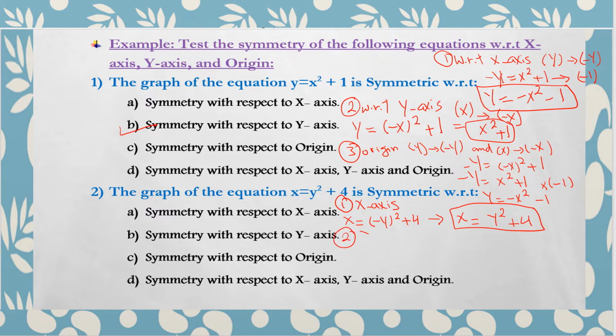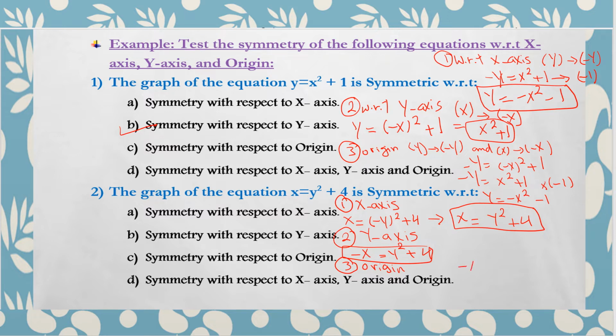Again, for the y-axis, we change the value of all x's with negative x. So negative x equals y squared plus 4. And this is not equivalent to the original equation, so this is not symmetric with respect to y. The third test is with the origin, and this is by replacing y with negative y and x with negative x.